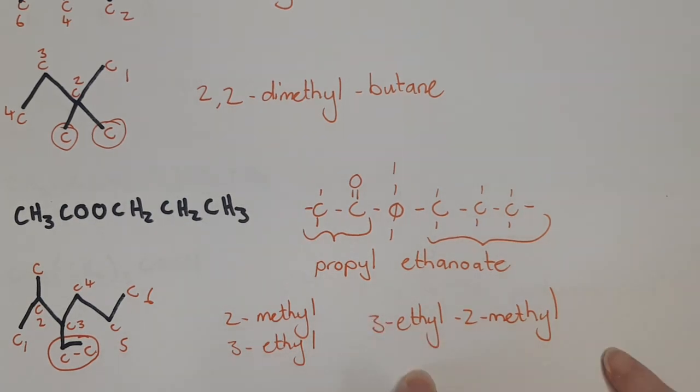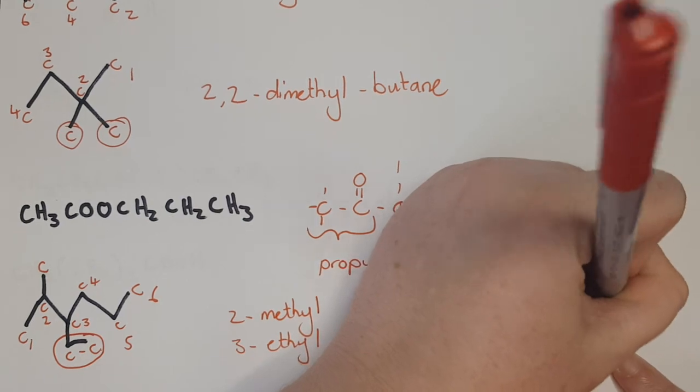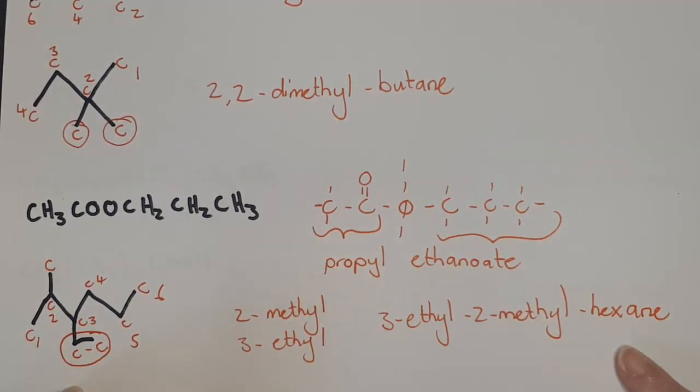And then I name my major chain, which has 6 carbons. So that is then hexane, because we've got an alkane. So my overall name would be 3-ethyl, 2-methyl, hexane. Okay, and that's it.